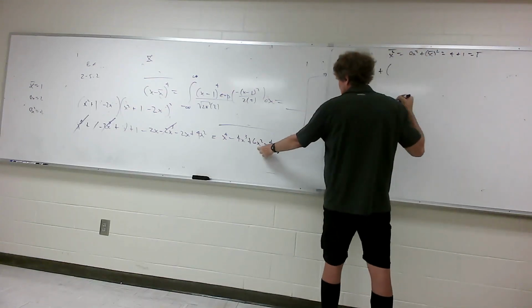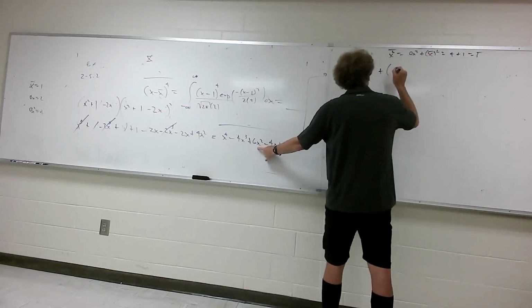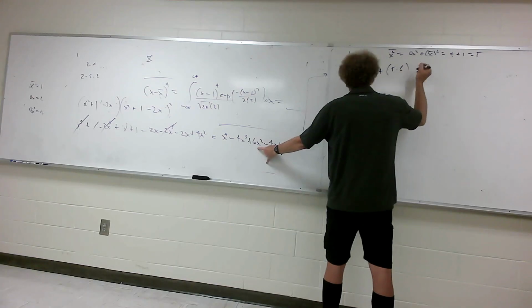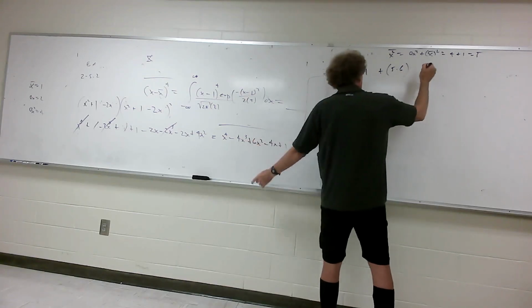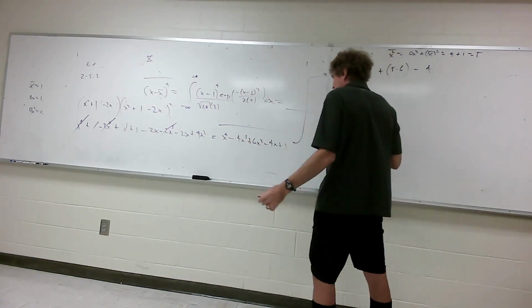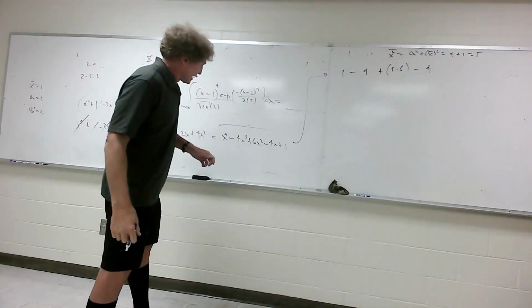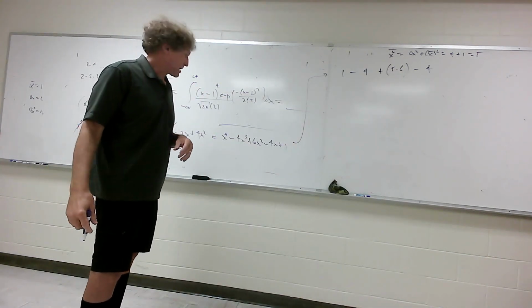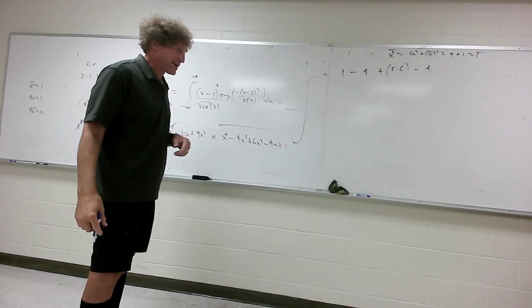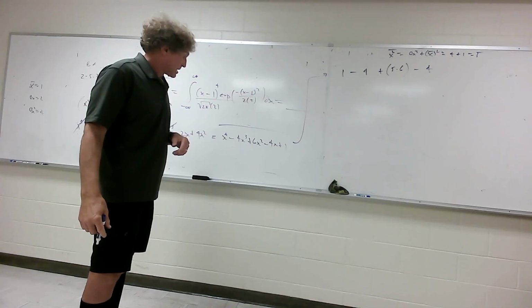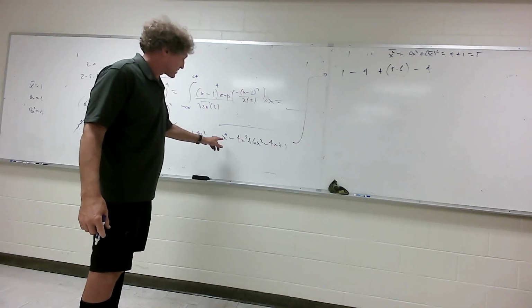So this is going to be 5 times 6, which is 30. Then I have minus 4, and this is x cubed. And that's the fourth central moment.